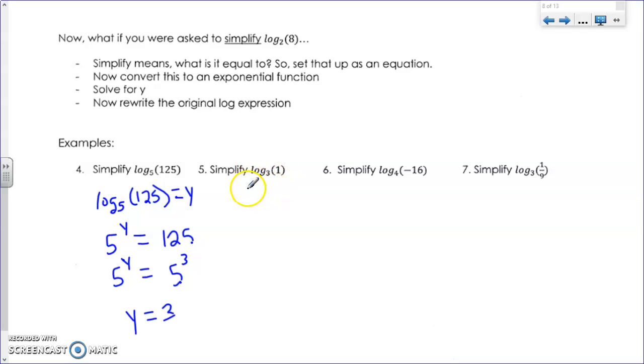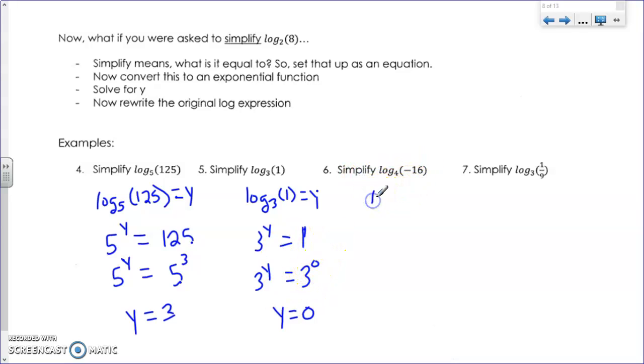So here we have log base 3 of 1 equals y. So if I do 3 to the y equals 1, now I need to get the bases the same. So what could I replace this 1 with using a base of 3? Well, we know from our exponential rules, 3 to the 0 will equal 1. So now y equals 0. So those exponent rules are important that you remember those.